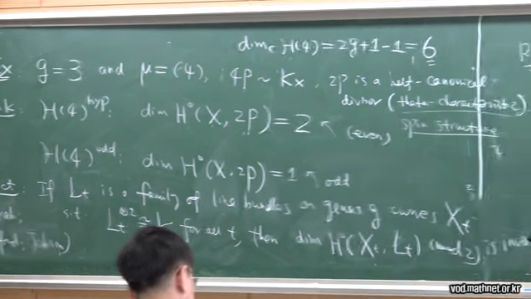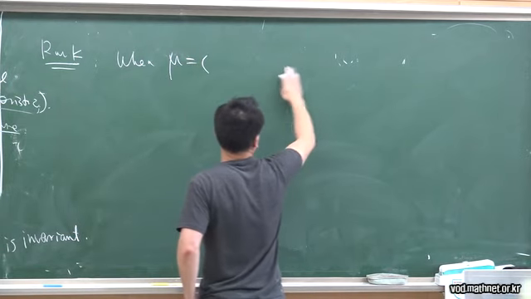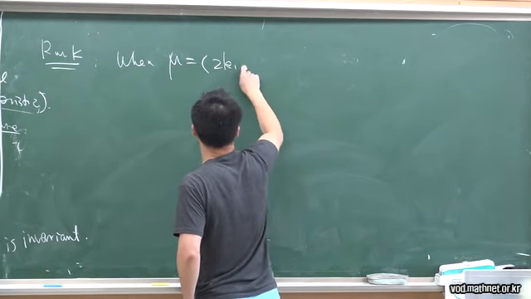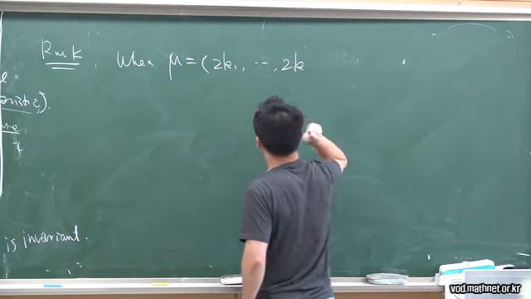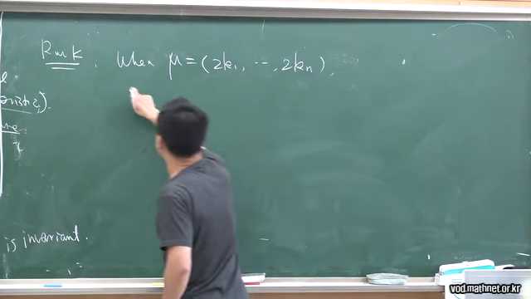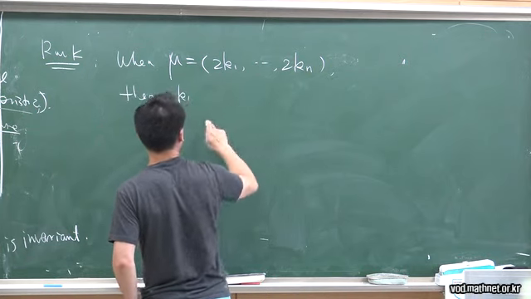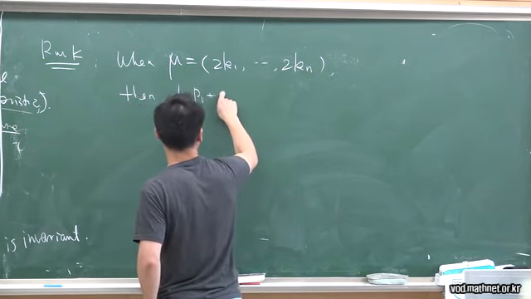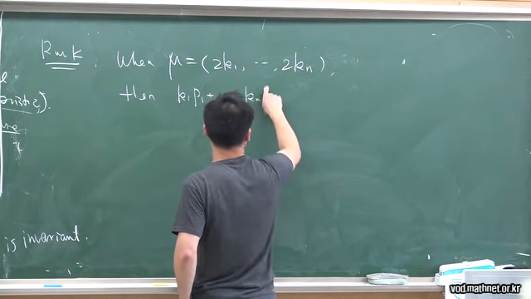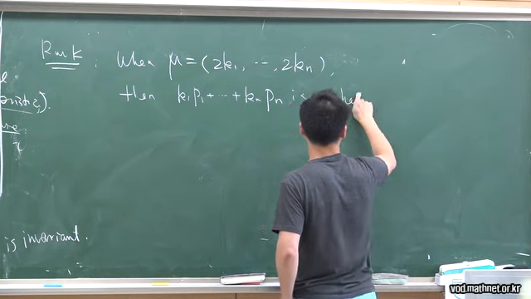So when mu has even entries, something like 2k1 up to 2kn, if I take 1/2 of the canonical divisor, k1p1 plus up to knpn, that is a half canonical divisor.